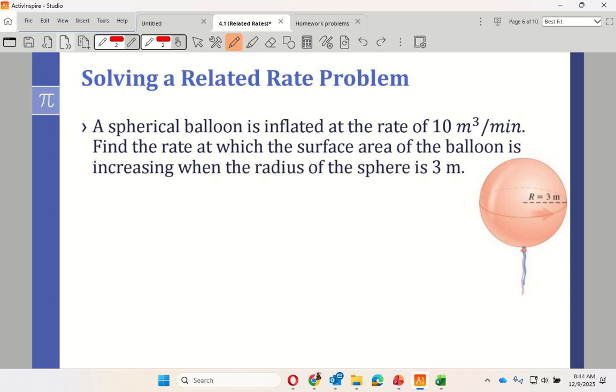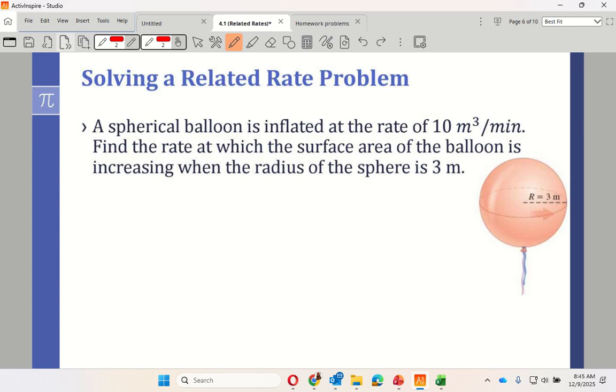All right, how are we doing over here now? A spherical balloon is inflated at a rate of 10 meters cubed per minute. That is a volume change over time. Find the rate at which the surface area of the balloon is increasing with the radius of the sphere being 3 meters.